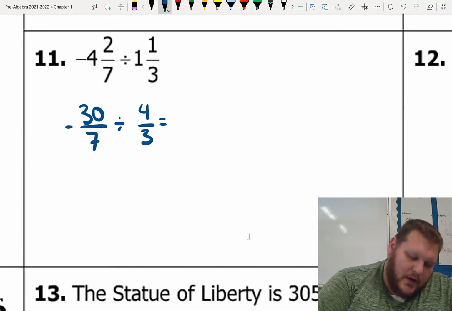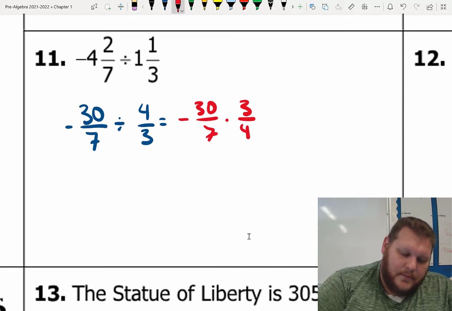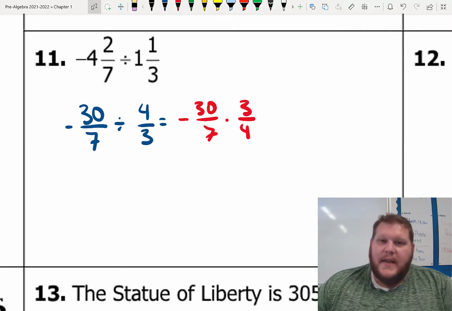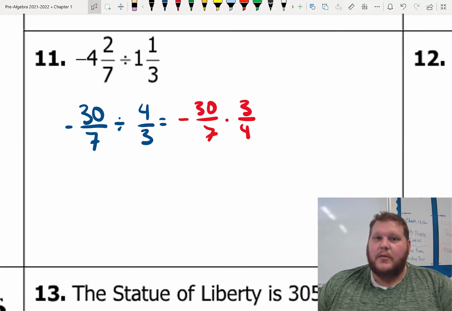So we know if we're going to do division here, my first one stays the same. My second one gets flipped over. So now that I've flipped, negative 30 over 7 times 3 over 4.